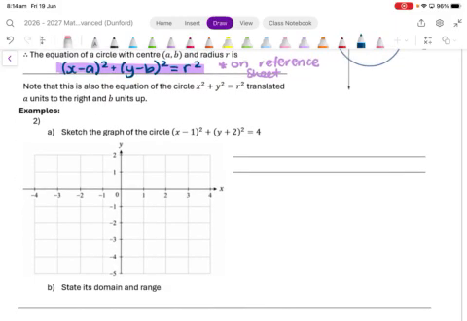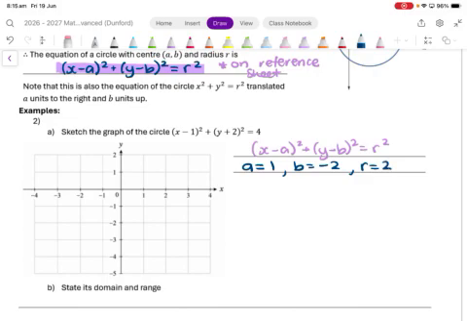So our next example, we want to sketch the graph of the circle (x minus 1) all squared plus (y plus 2) all squared equals 4. Okay, so what we have with this is in our form of (x minus a) squared plus (y minus b) squared equals r squared. Our a is equal to 1, our b is equal to minus 2, and our r is equal to 2.